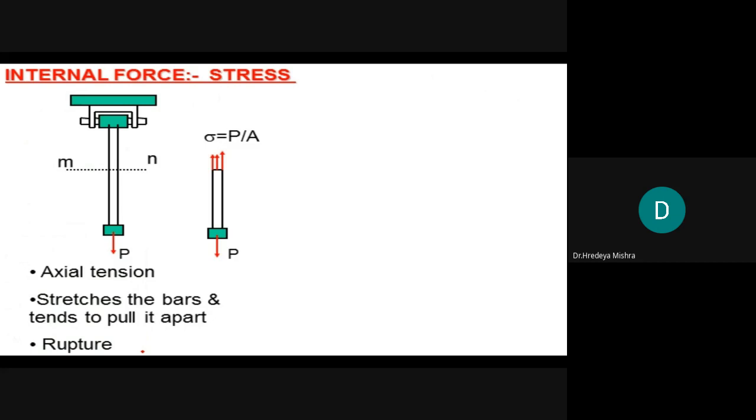Okay, so when we say pressure, pressure intensity is force upon area, but pressure is an external action, and stress is also force upon area, but it is an internal force. Why is stress produced?